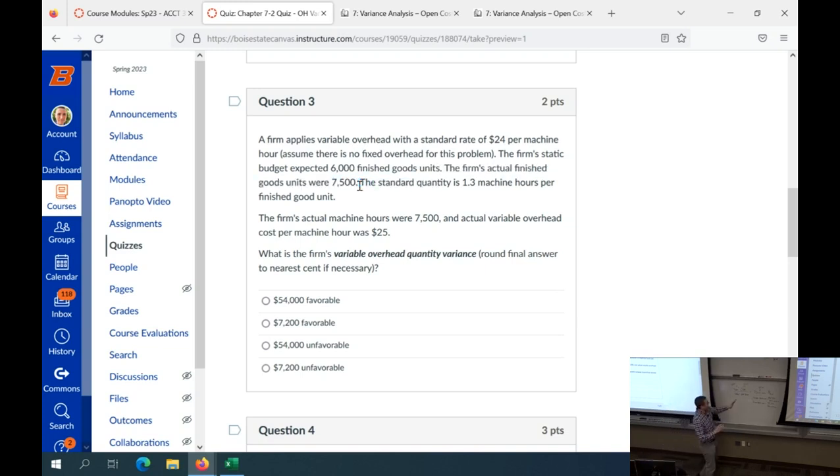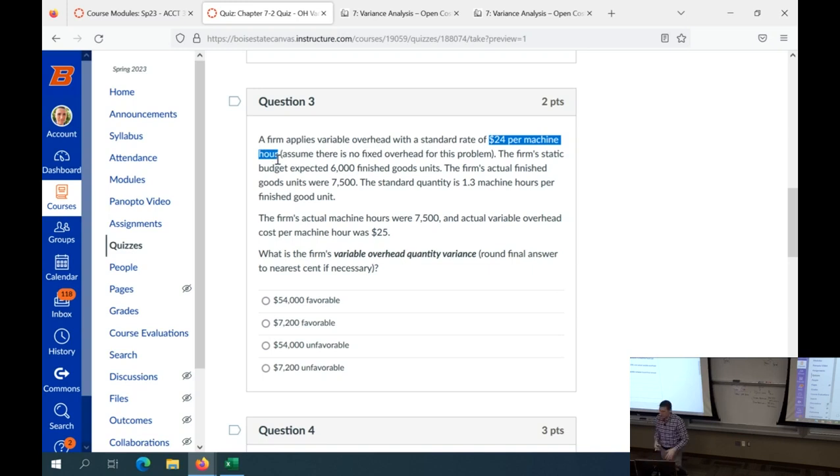That 6,000 versus 7,500 will give us the difference between static and flexible budget here. And so it is a good opportunity for me to trip you up. Don't fall for it. The standard quantity is 1.3 machine hours per finished goods unit. Now our PDOH rate is $24 per machine hour.